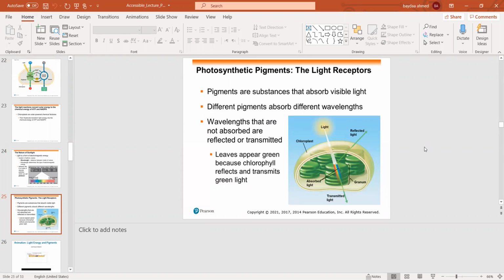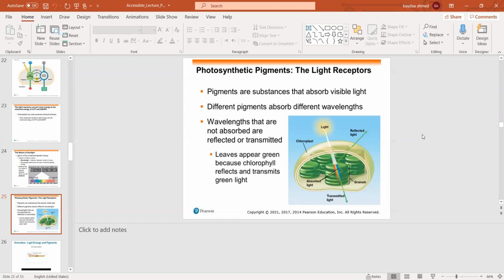When light meets matter, it may be reflected, transmitted, or absorbed. Substances that absorb visible light are known as pigments. Different pigments absorb light of different wavelengths, and the wavelengths that are absorbed disappear. If a pigment is illuminated with white light, the color we see is the color most reflected or transmitted by the pigment.